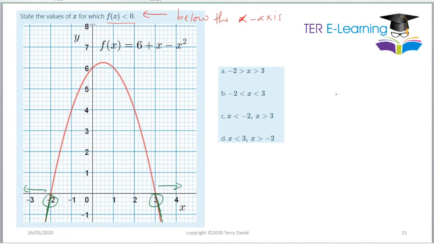So therefore x has to be greater than 3 and x has to be less than -2, right? So this is how you're going to have to write it, as two separate inequalities, right?